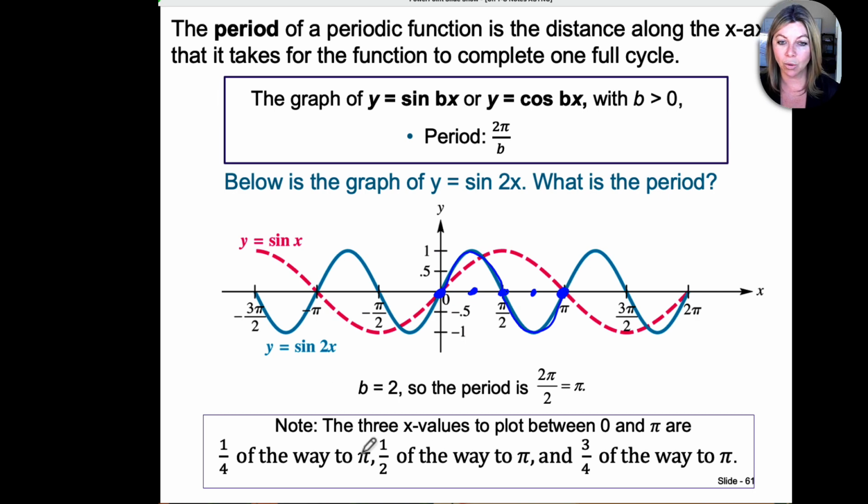So that's what this note means down here. To summarize, when sketching sine you have a starting point, an end point, and these 3 points evenly spaced between. Goes to the max, back to 0, min, and back to 0.